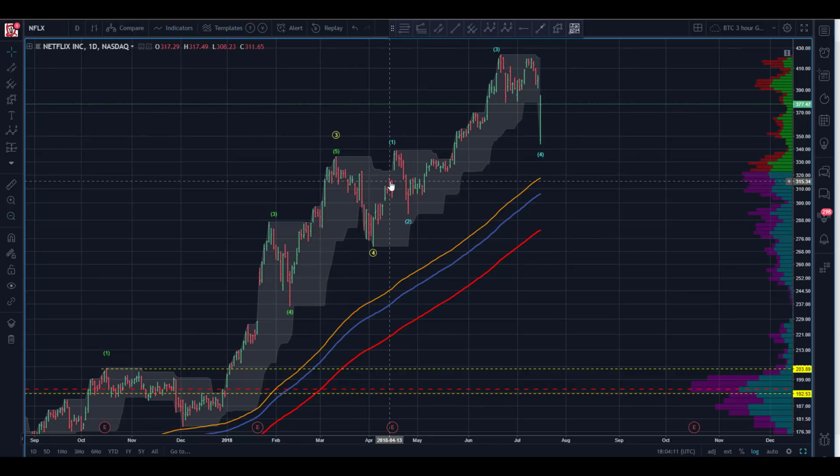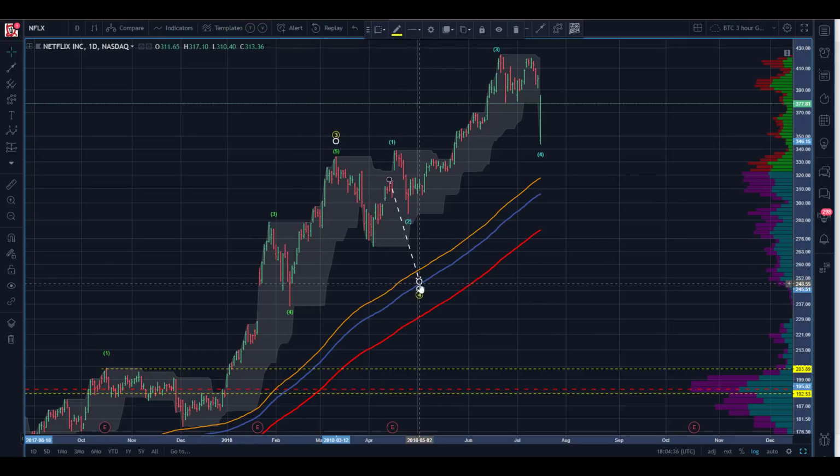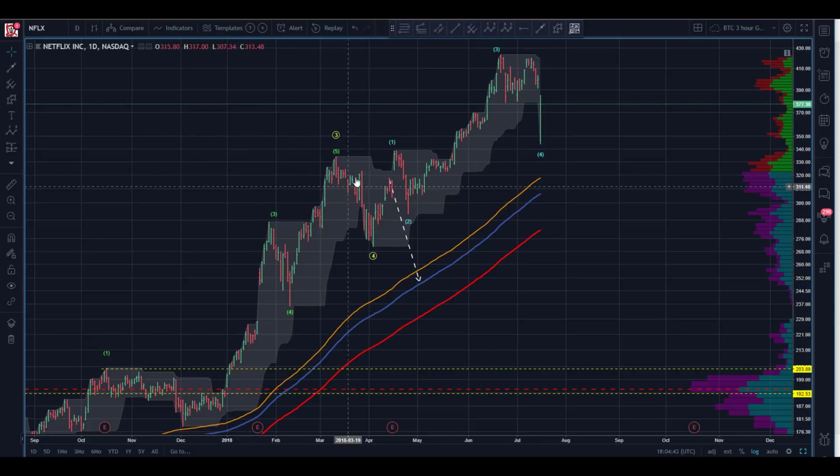If I recall, I could be wrong here, but I think we were right in this zone where we weren't sure if this was A and we were going B, and there was some possibility that we were going down here, so that we had A, B going in, and we'd come down for the C to give me the 4 down here, where more typically you'd find it, and then looking for the 5. Well, the market's too strong, so we don't get that. So this shallow little ABC, this 4, ends up being our pivot here.